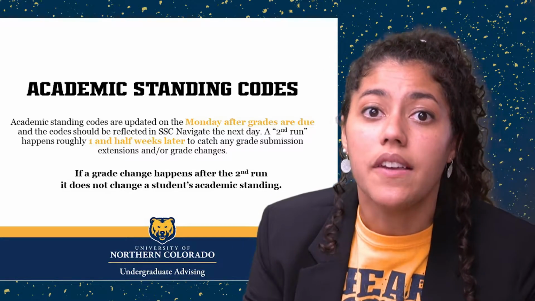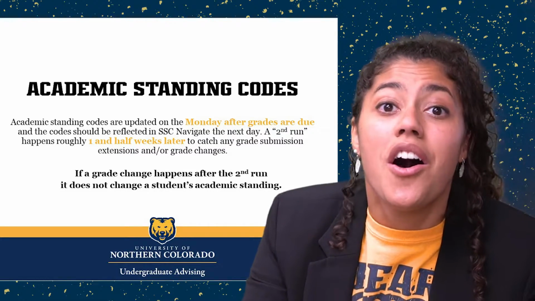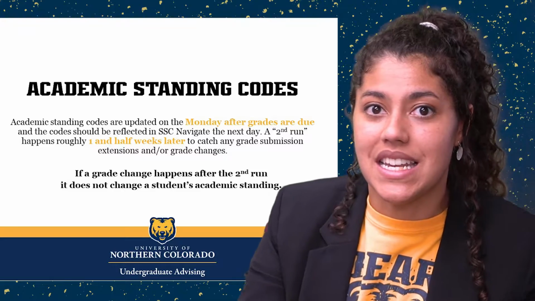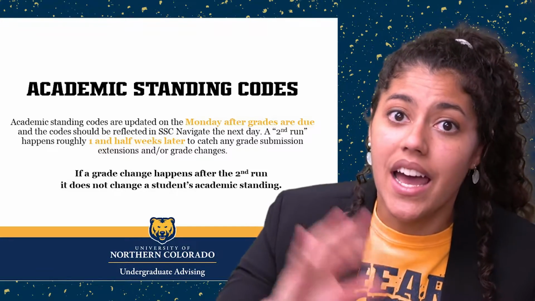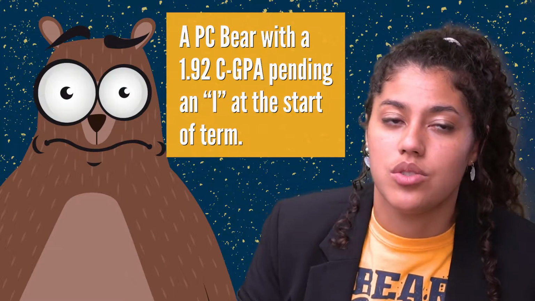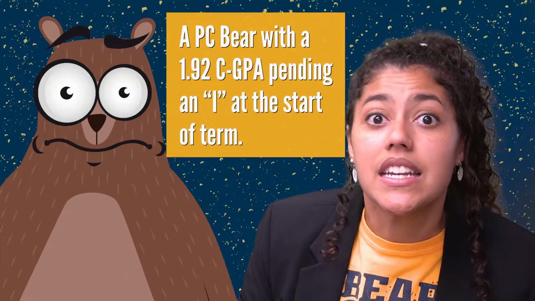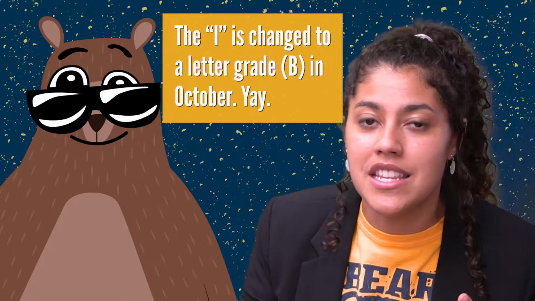Now do note, if your student has some sort of grade change after that second run, hooray! But their academic standing will not be updated until the end of the semester. So let's say you have a student who's going through probation, their PC, and they had an incomplete. Yes, they completed their incomplete.